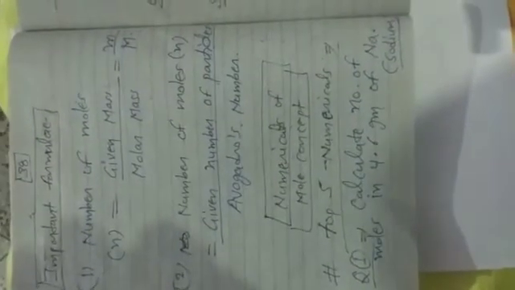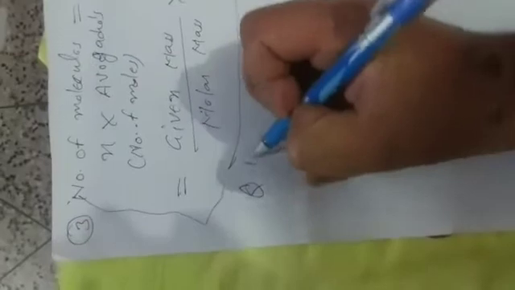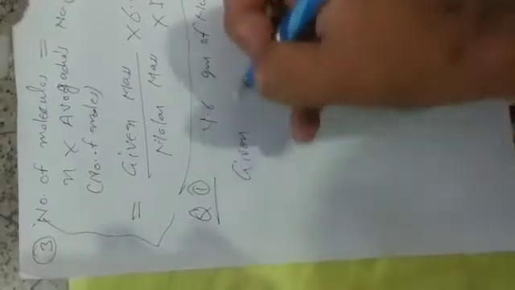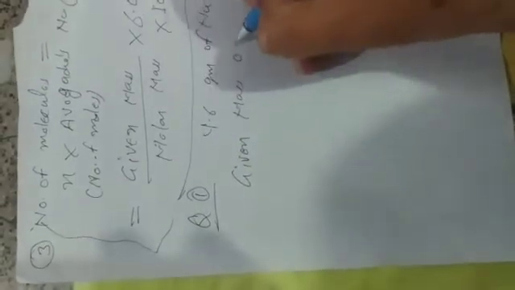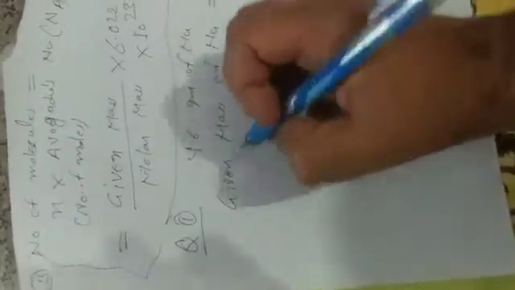The first numerical: calculate number of moles in 4.6 gram of sodium. In this, given mass of sodium Na is equal to 4.6 gram.